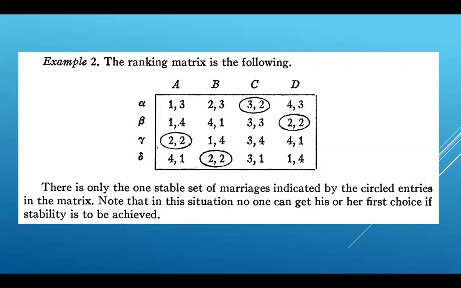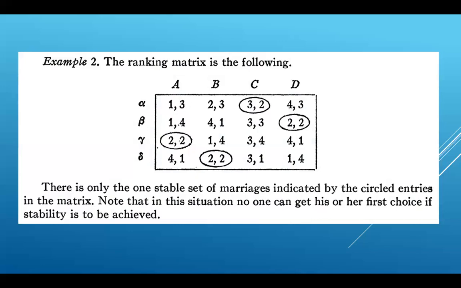They would go to their second choice, which is D. They would say, okay, I'm proposing to D. D would currently be holding the proposal of delta. But D would say, I rank beta second and I ranked delta fourth. They were my worst choice.